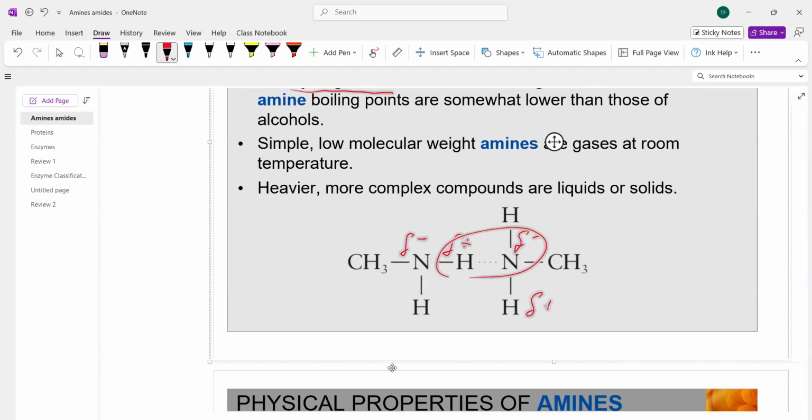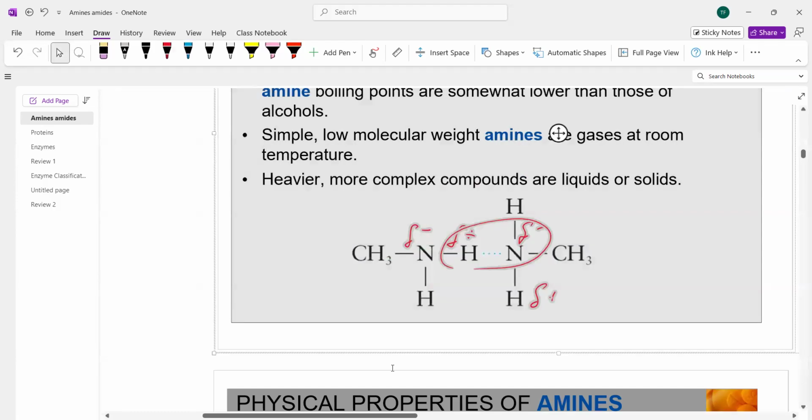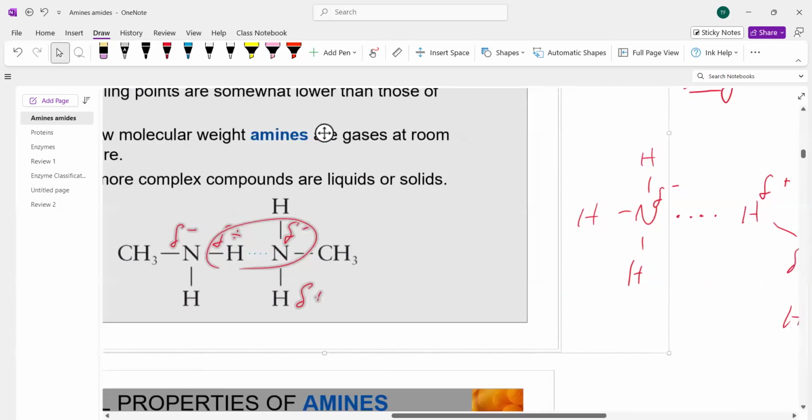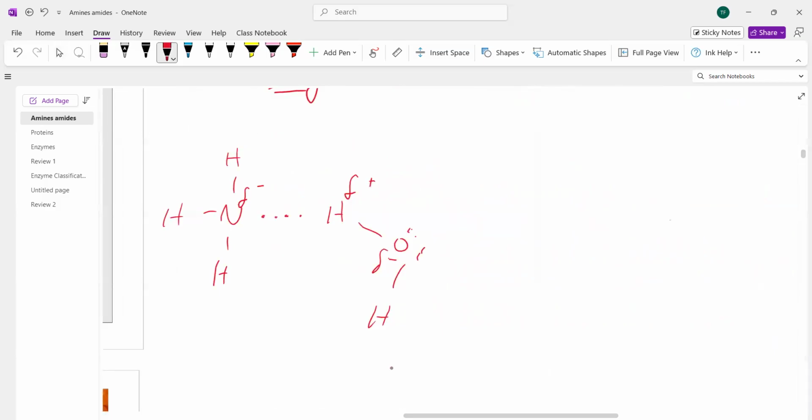Okay, like if we were to look at water, this is going to be partially positive, partially negative.